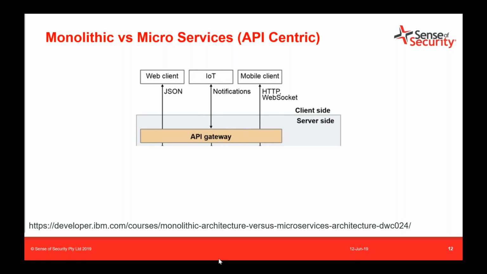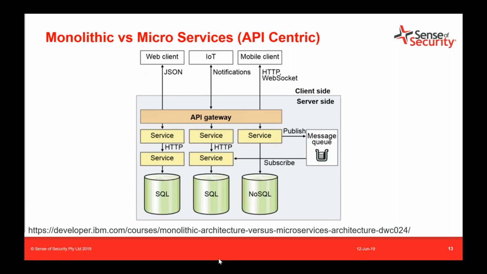In this case, you can see over here that your clients, which could be a web client, for example, a browser, a mobile device, or an IoT device, all make connections to the back-end application brokered through an API gateway.